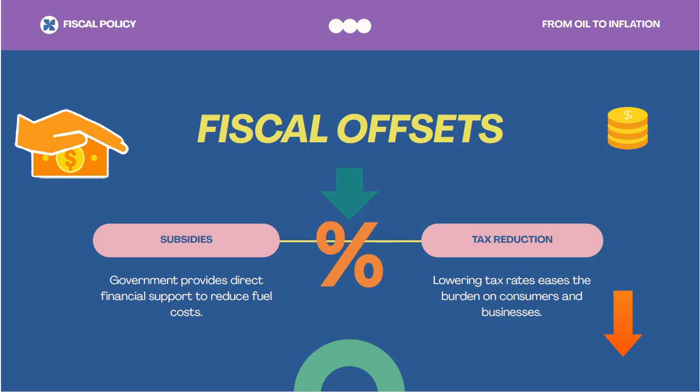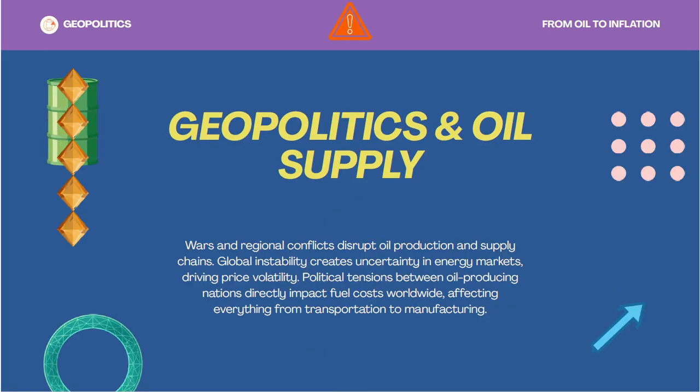Okay, next let us go to part 3 of the video, that is the global factors. Global political events, which are also called geopolitics, play a huge role. Suppose a Gulf War. When war happens in oil producing regions, the oil supply is disrupted and prices shoot up globally.